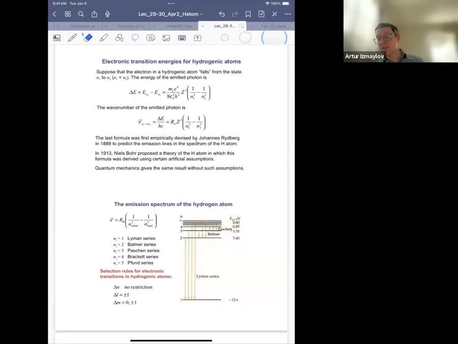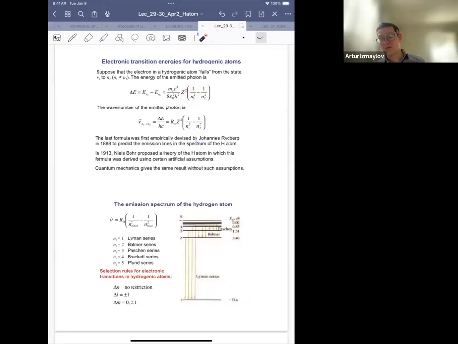So how are these created? Well, you start with an initial state in some n, and then you end up in a different n because of the excitation. And if you vary the final n, then there will be a series of excitations. And if you vary the initial n, there will be a series of excitations for different initial n.